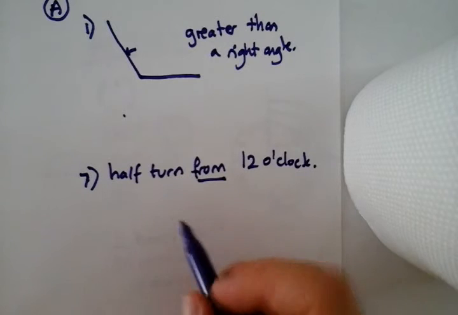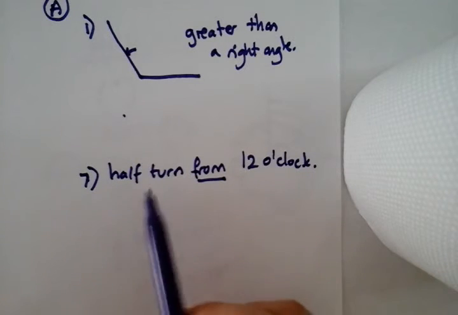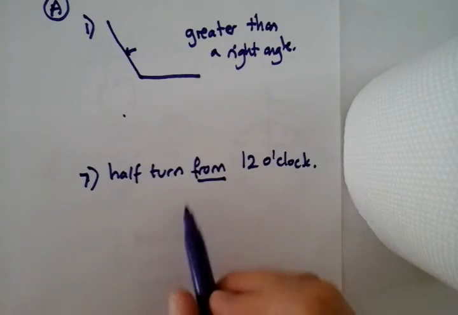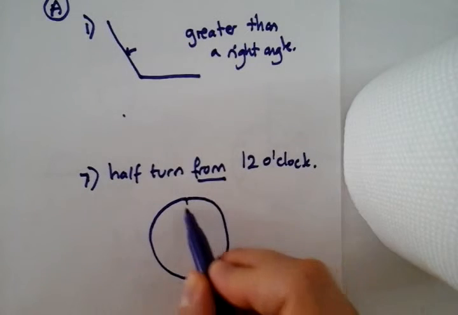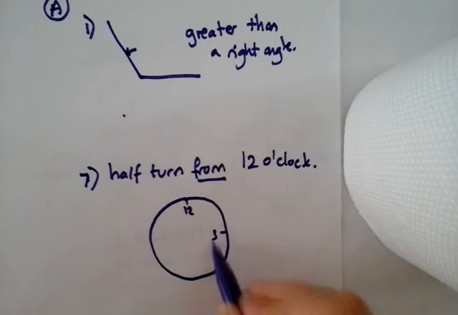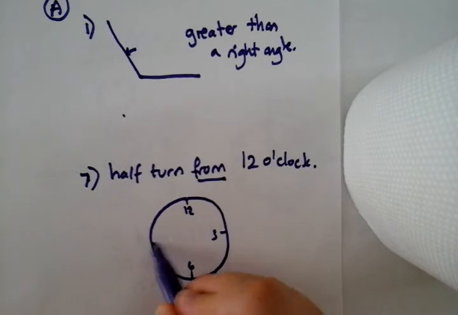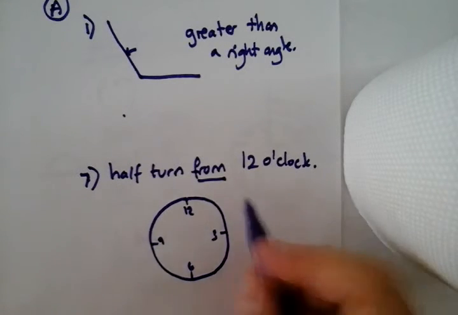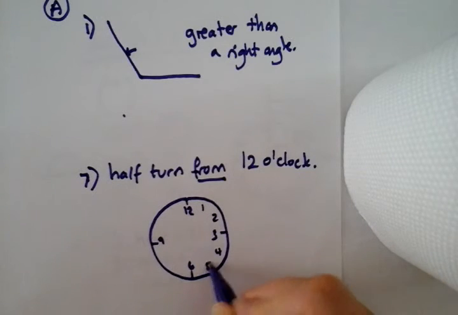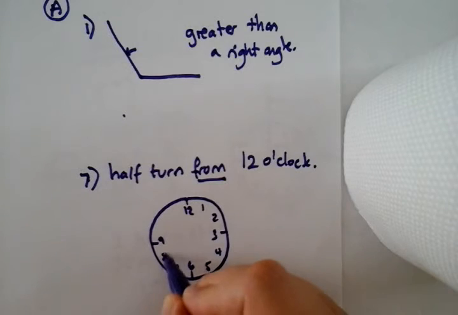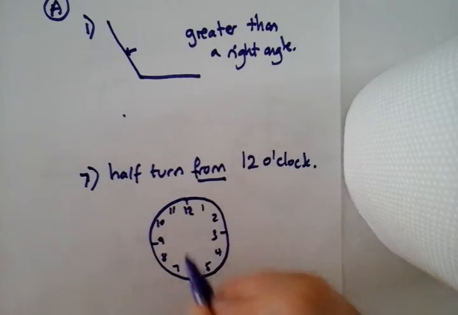It's asking us to find the new time if it turns half a turn from 12 o'clock. There's 12, there's 3, there's 6, there's 9, 1, 2, 4, 5, 7, 8, 10, 11.